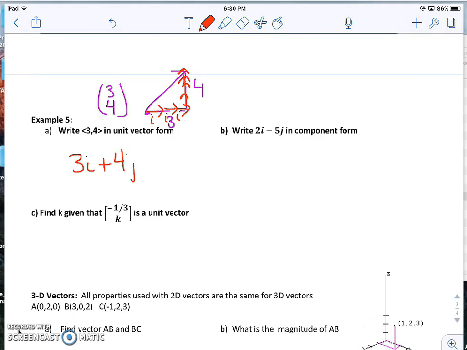Then 2i minus 5j means we go over 2 and down 5, so 2, negative 5.